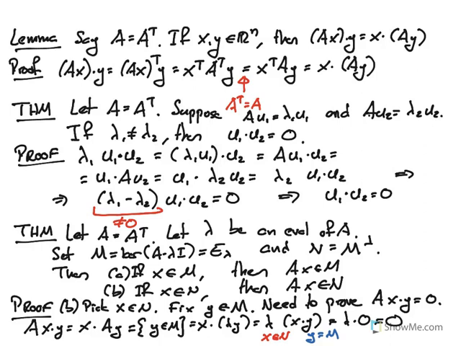And in order to make everything work, you need one more little technical detail. Let me erase to create space. All right, if you want to prove the spectral theorem, you need one more preliminary result.